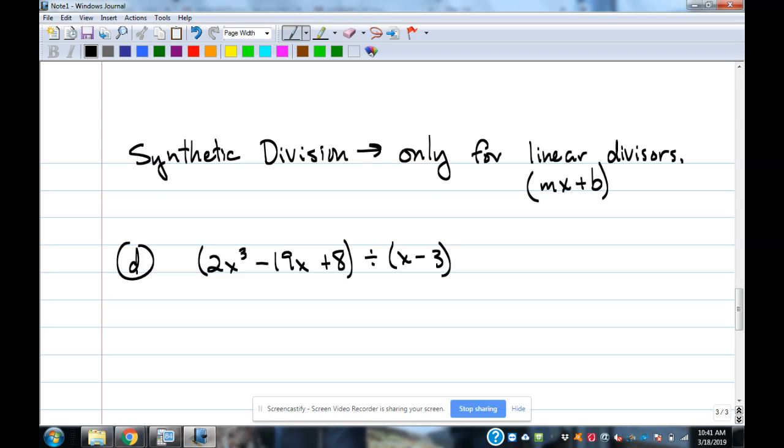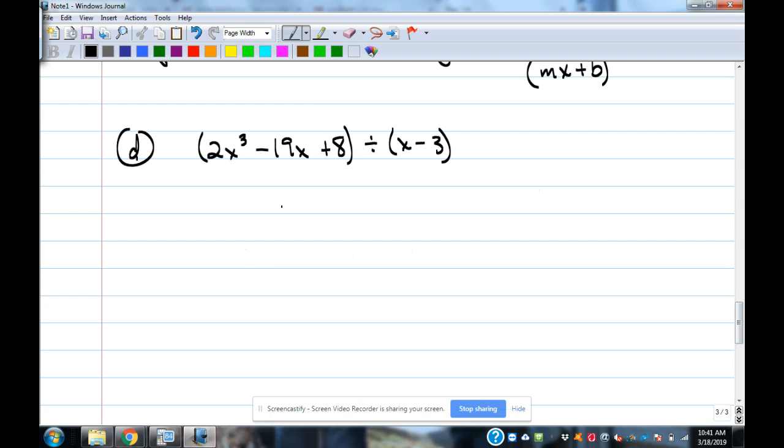Okay, the divisor, we're going to do synthetic division. What we do is we set up a bracket or like a box here. Okay, so draw yourself like it's laying down L, and then put a little shelf on there.